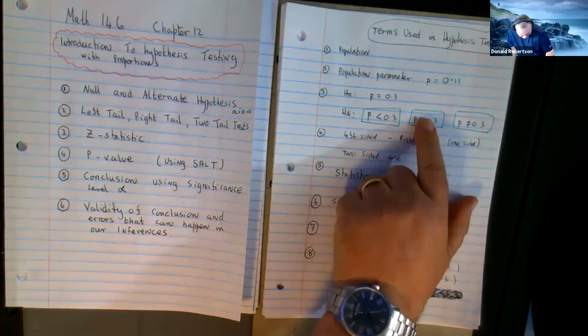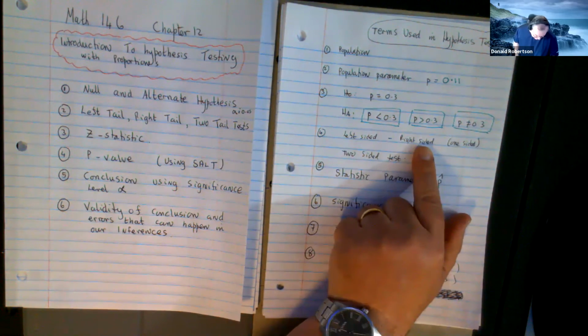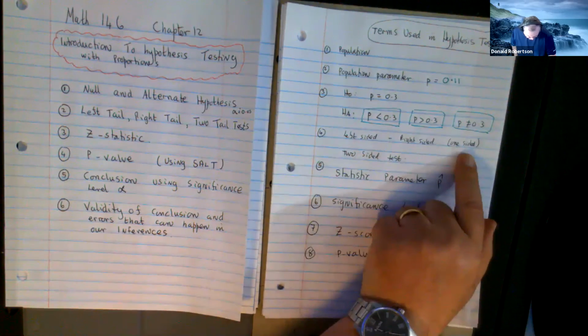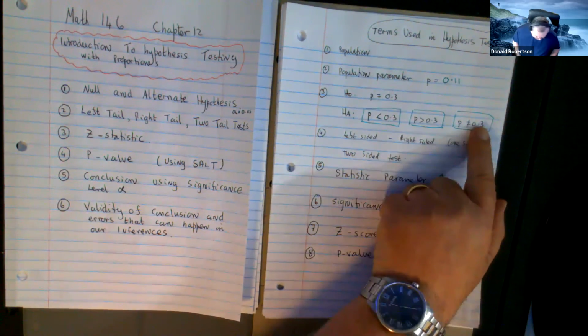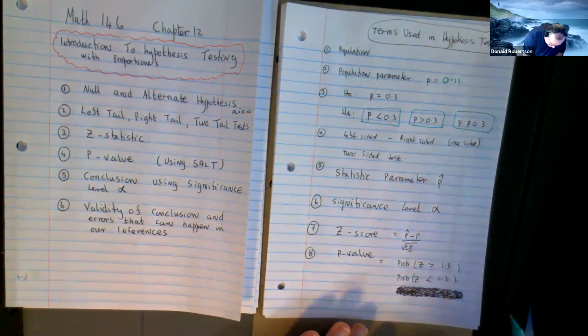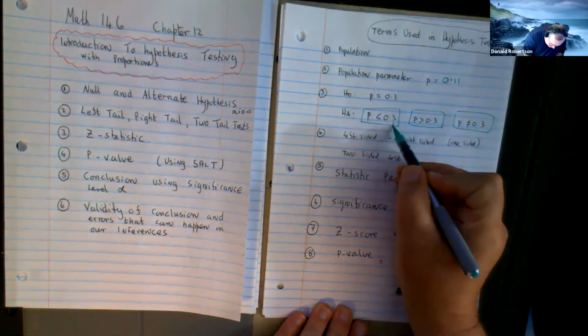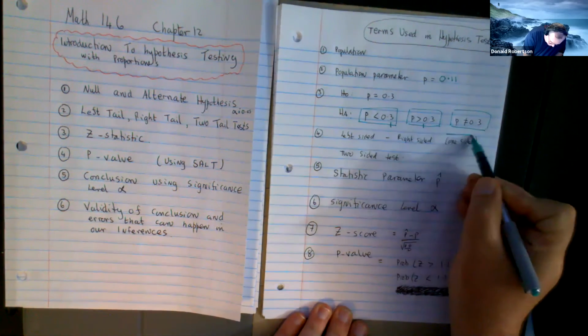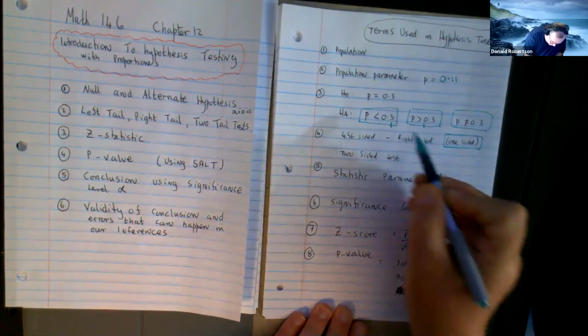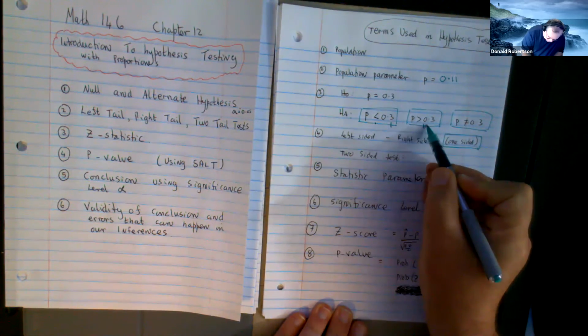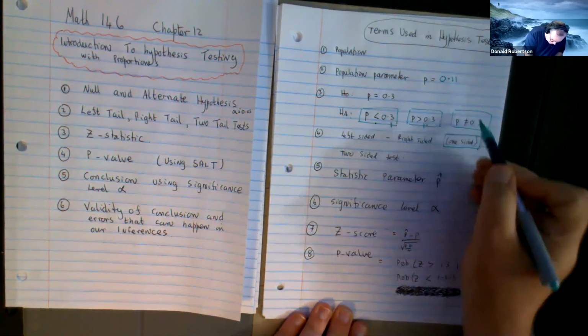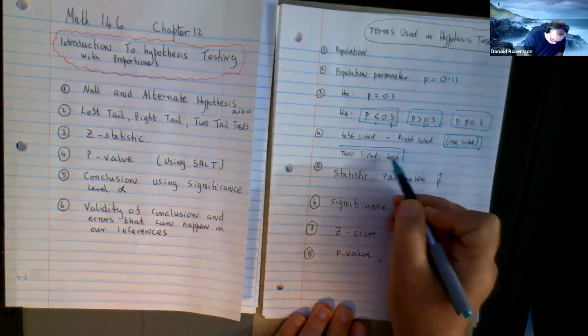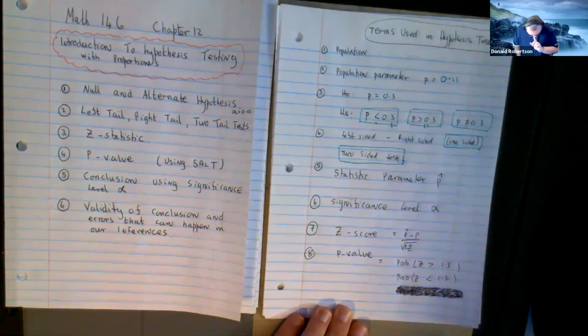When it's more than, it's a right-sided test. And when it's not equal to, it's a two-sided test. So these two are one-sided tests. This one is left-sided, this is right-sided. And a not equal to would be called a two-sided test.